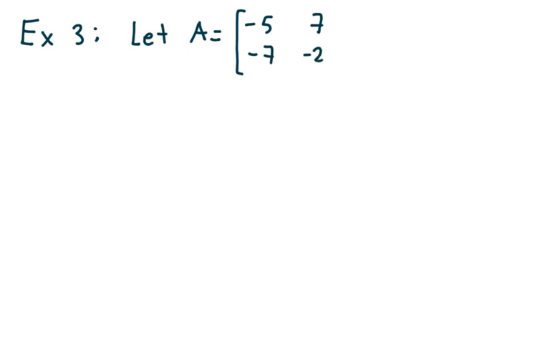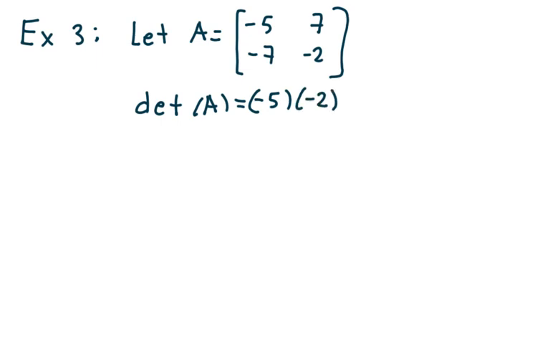Okay? Now, first of all, what's the determinant of A? Now, that's a quick calculation. You get negative 5 times negative 2 minus 7 times negative 7. But this is 10 plus 49, which is equal to 59.